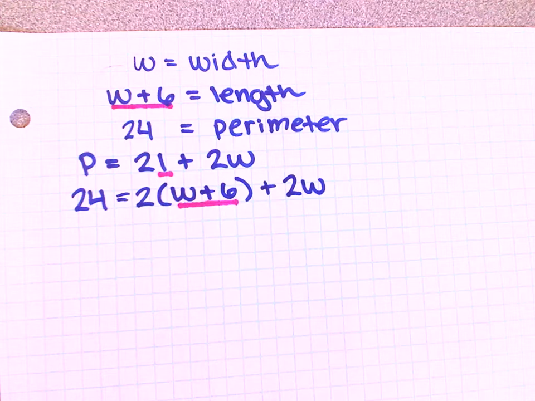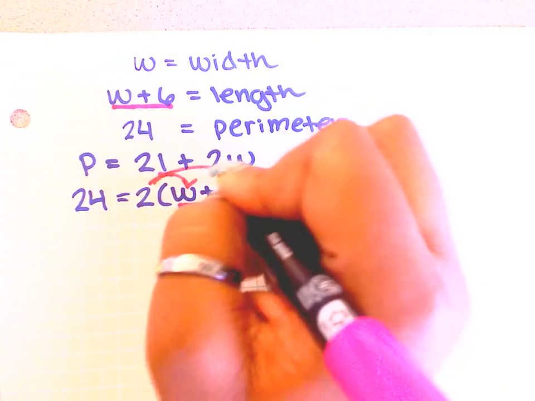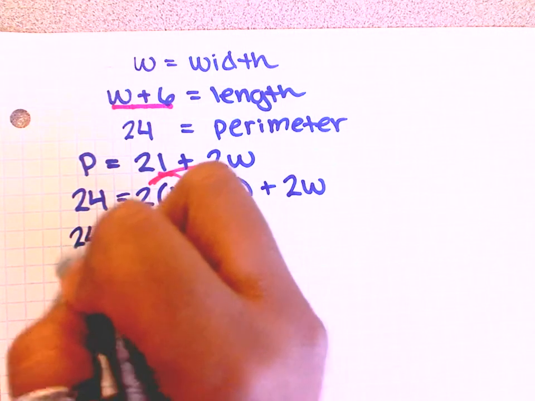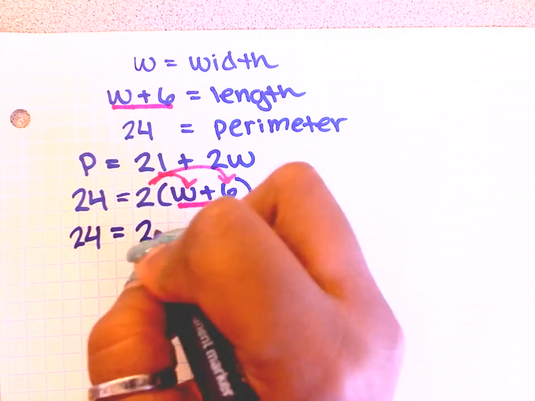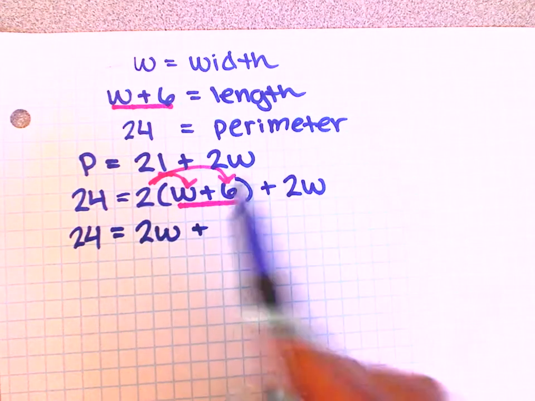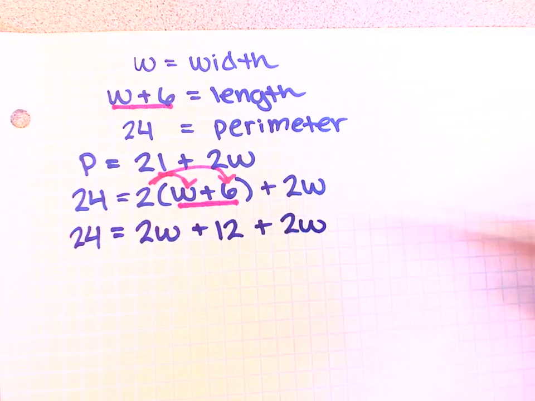Now, do I know how to solve this type of problem? Yes, you have to make sure that you look at that one side and condense it as much as possible. So I'm going to distribute 2 in W and 2 in 6. Now I have 24 equals 2W plus, follow my arrows, 2 times 6, which is 12, plus what I'm left over with on this side, 2W.